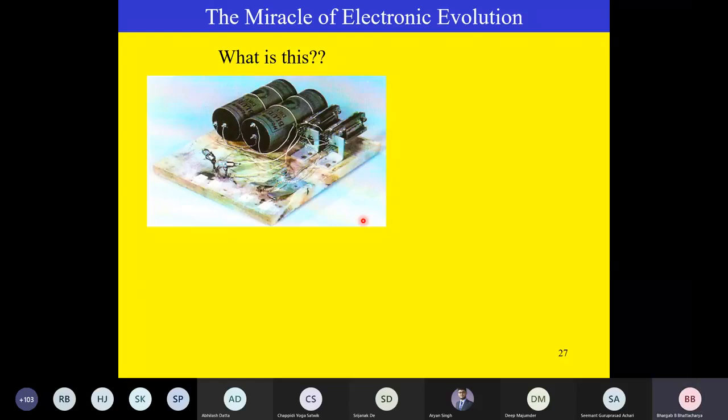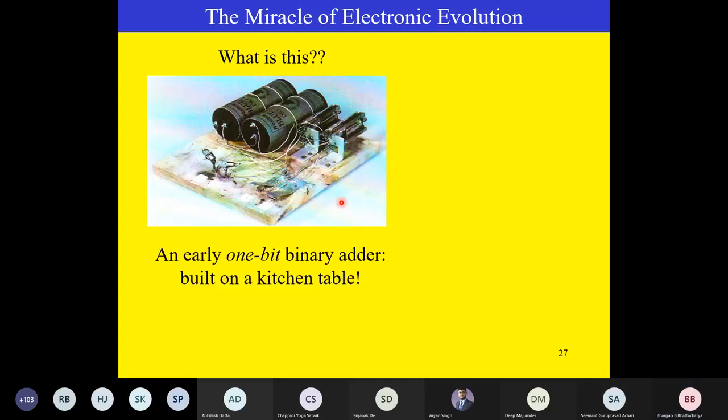And you can see there are two small lamps here. So this is nothing but a 1-bit binary adder. You are inputting 2 bits, and these may be 00, 01, 10 or 11. Suppose these 2 bits are 1, 1. What would be the output if I add 1 and 1? 10.